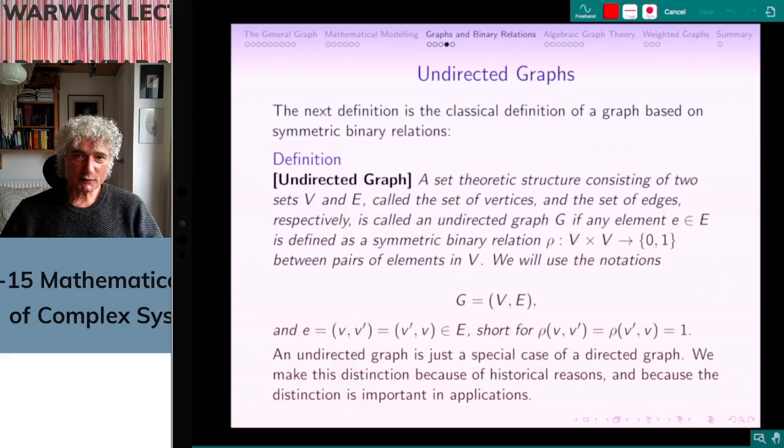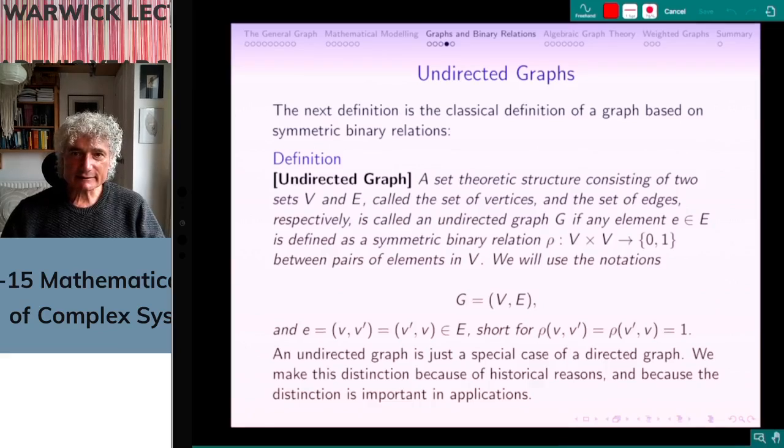Now let's go to another very classical definition, and that is the one for undirected graphs. This uses the binary relation right away. Here I use a slightly different notation to make you accustomed to it.